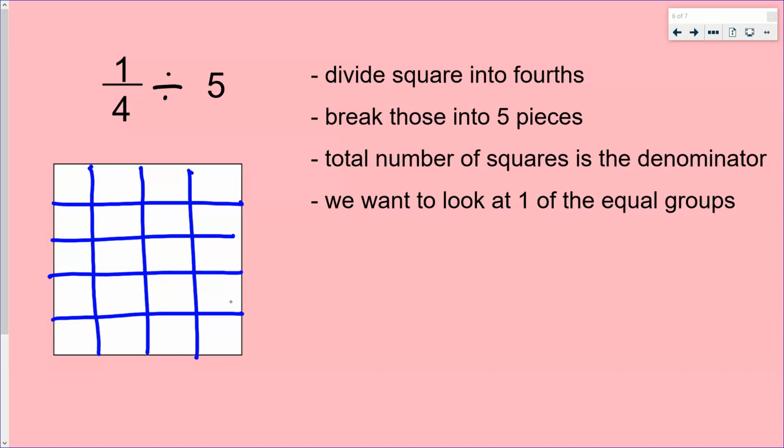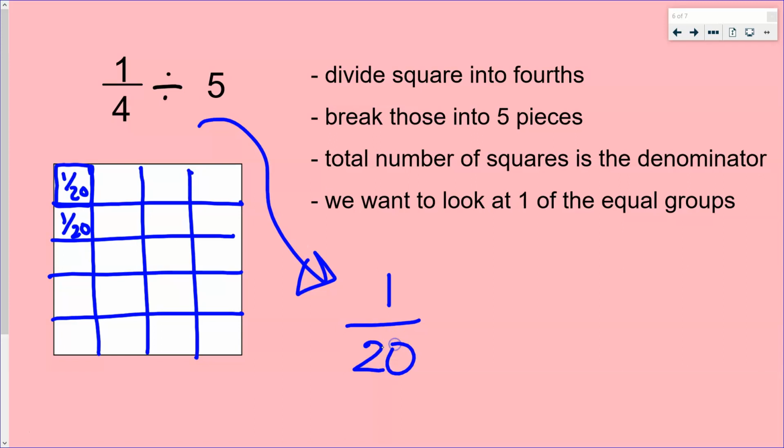And then I want to look at the number of equal groups. Okay, so there's obviously 20. And I want to know what each piece is. That's what I'm looking for now. So each of these is 1/20th, right? And et cetera, et cetera. So this answer is 1/20. Okay, so this is the visuals of these.